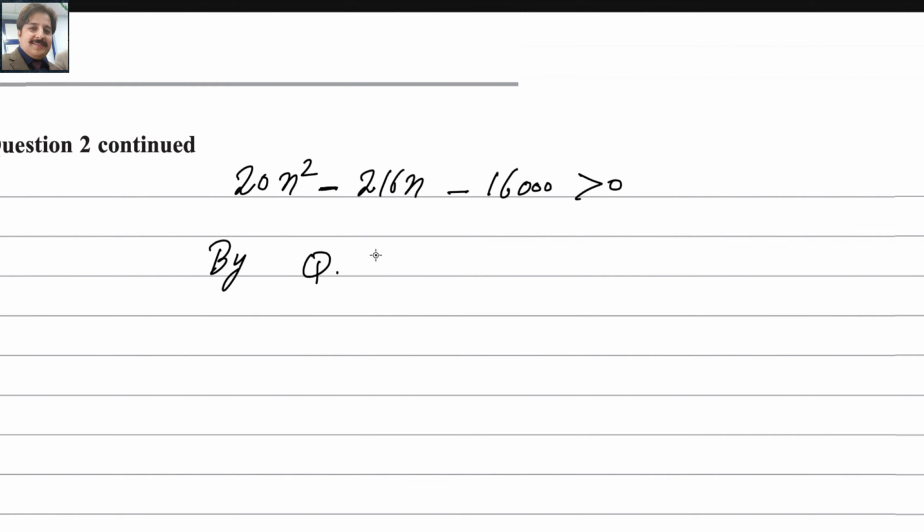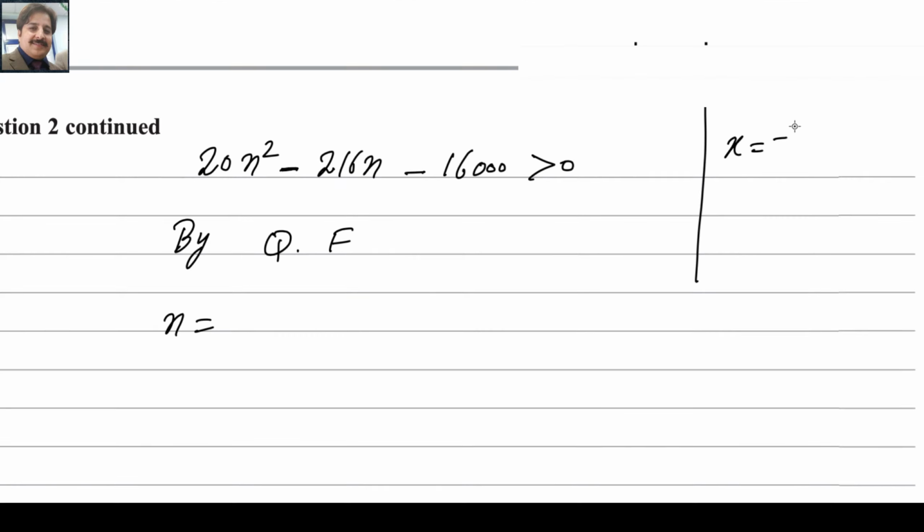By quadratic formula, we will get the values of n. n will be equals to minus b. b is here negative 216. So here minus of formula. Let me write that formula for you guys. If you remember, x equals to minus b plus minus square root of b square minus 4ac divided by 2a. This is the quadratic formula. Here b is the coefficient of x in that case, but here is n because this is quadratic inequality in terms of n.